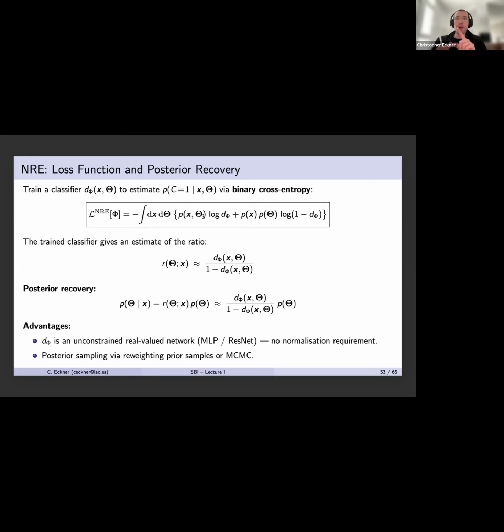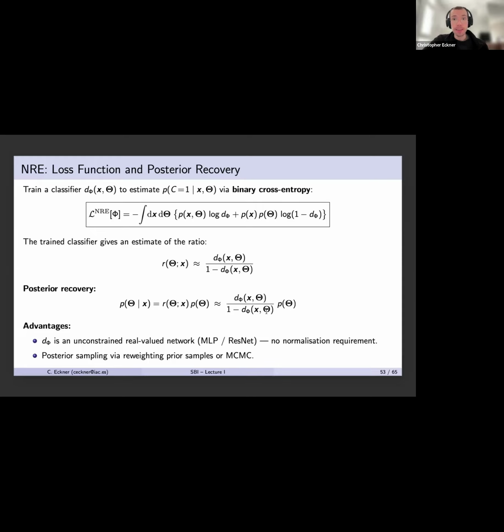So you want to minimize this region where they still have this look-alike feature. And this is nothing but this integral equation, and this classifier d phi here is a neural network, where phi again refers to the weights of the neural network. Exactly, this gives you this particular ratio as the optimal output, which you can then recover by rearranging these quantities with the formally applied analytic rules.